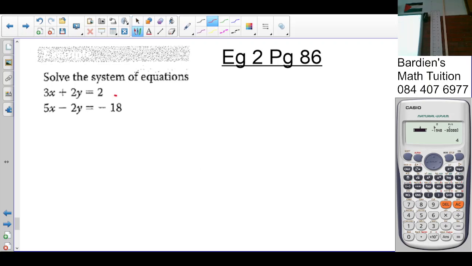Start off by labeling this equation 1, and this one is equation 2.